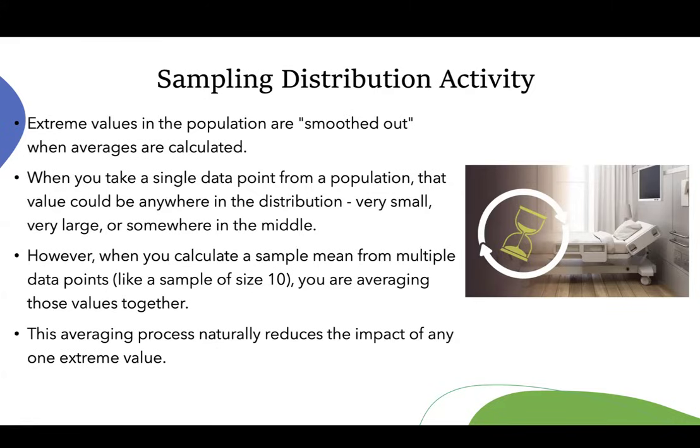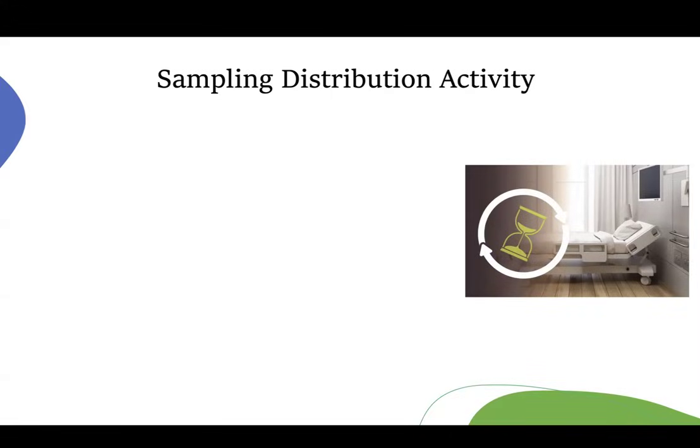If you have a very low value in your set of 10 randomly selected items from the population, then the sample mean will never be as low as that low value because it's being averaged with other values that aren't as low. So mathematically, you're always going to get a sample mean that's not as far out to those extreme values.